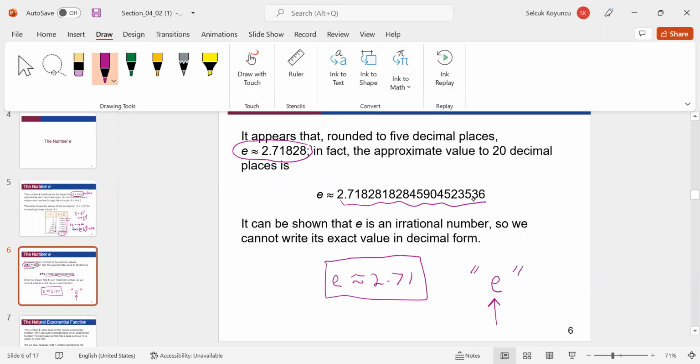We can use this number also as the base of an exponential function. For instance, I can define a function and write it like this, e to the x. We say this is an exponential function with the base e, or a natural exponential function, as some people call it. So that's where e is coming from, and you will see this in calculus and in other math courses all the time.